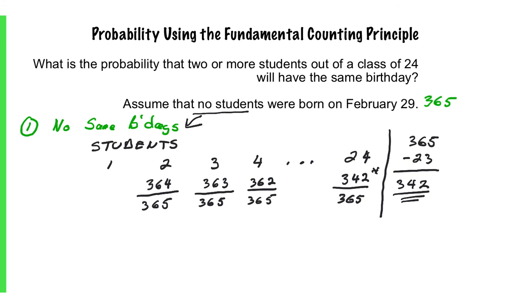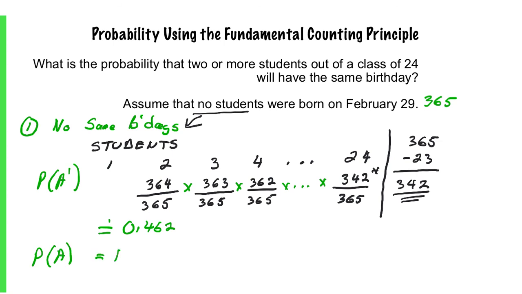And now, when I multiply all these things together, because we're talking about an and situation, that will be approximately 0.462. So this is the probability of it not happening. So the probability of it actually happening would be 1 minus the probability of it not, the complement.